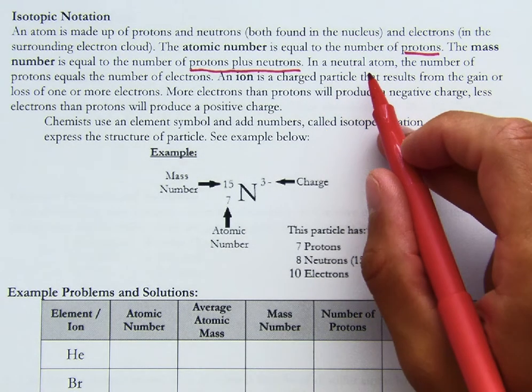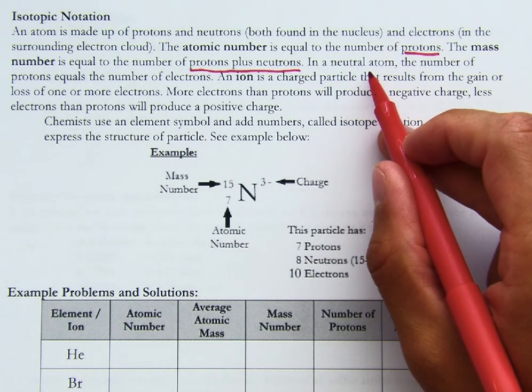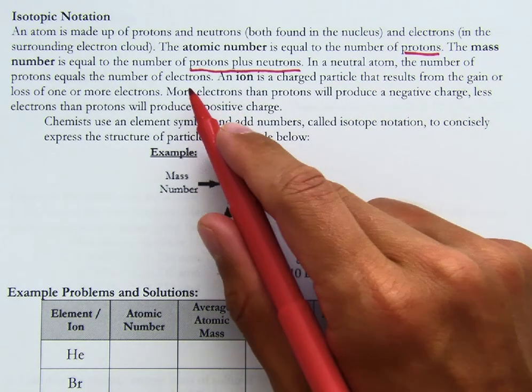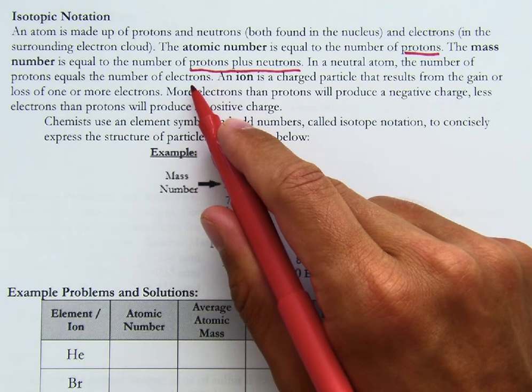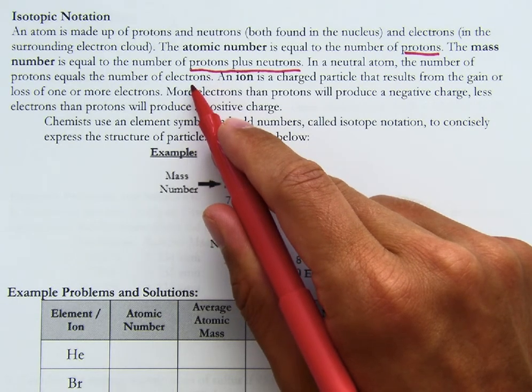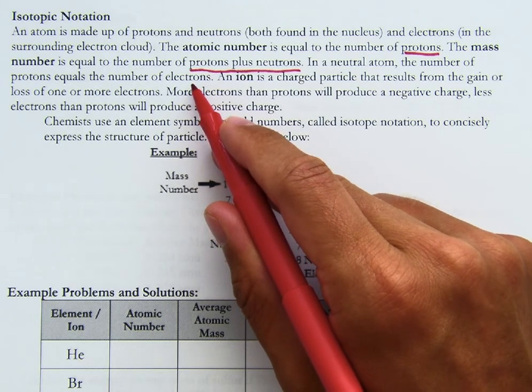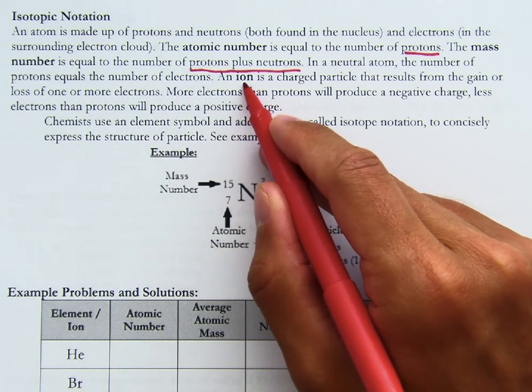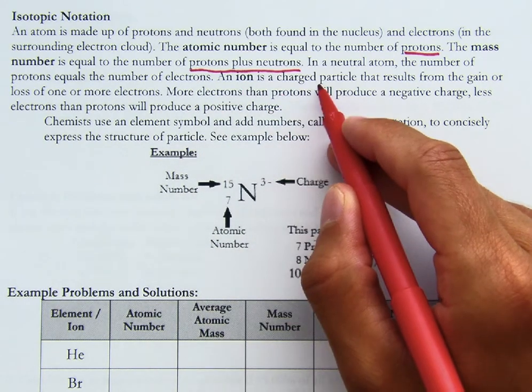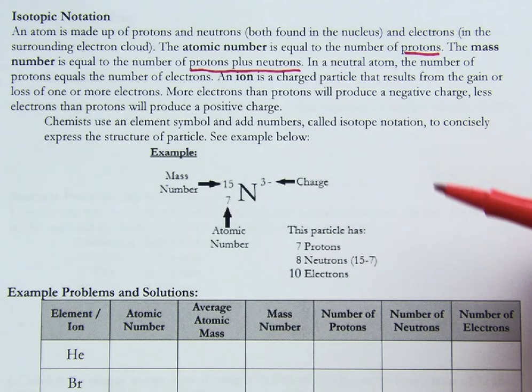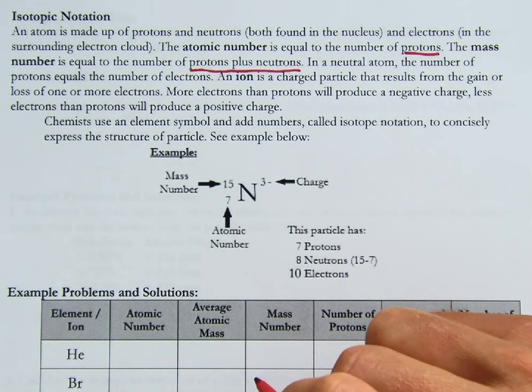Now, if you're going to have a neutral atom, which means no charge overall, the number of protons is going to be equal to the number of electrons. Protons have positive charges, electrons have negative charges. So if those two are equal, then there's no charge overall. An ion is a particle that has an overall charge. So it's going to have an overall charge if you have a different number of protons than electrons.